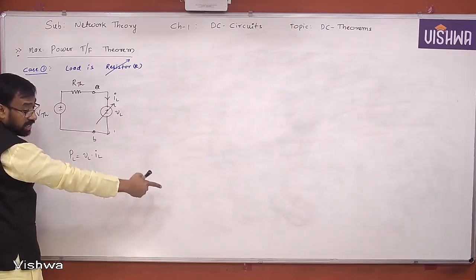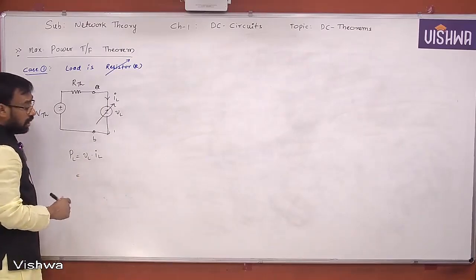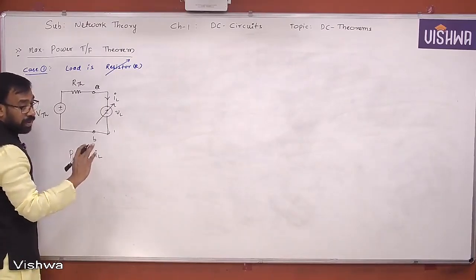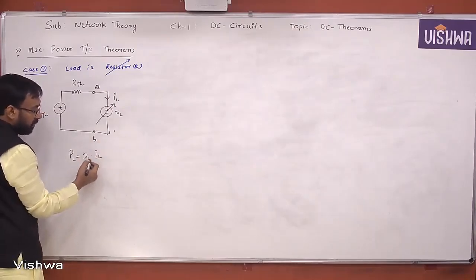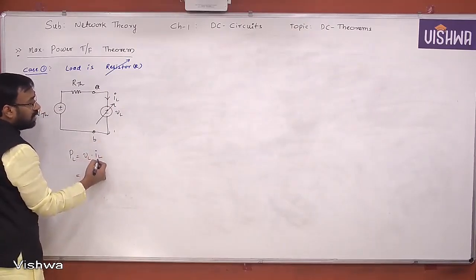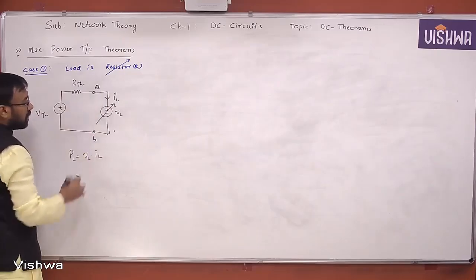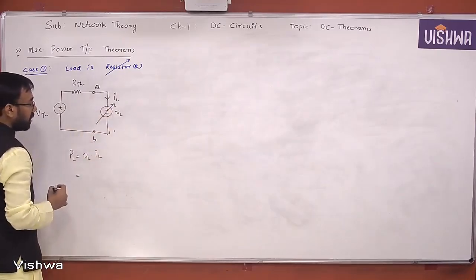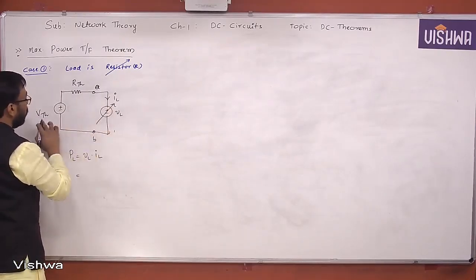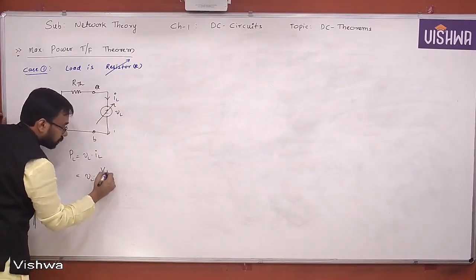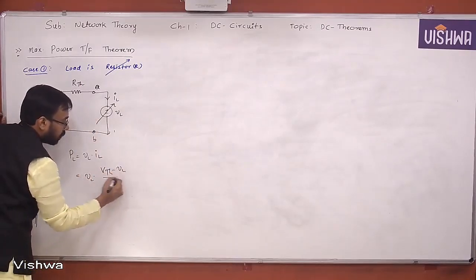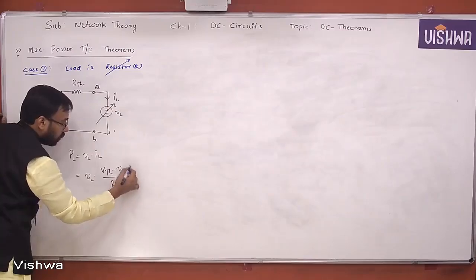According to the discussion we had a little while ago, there should not be multiple variables, only one variable. But we express this current, because VL is a variable, in terms of other constants in the given circuit. Can I write IL is equal to VTH minus VL by RTH? Yes, I can write. Yes or no?